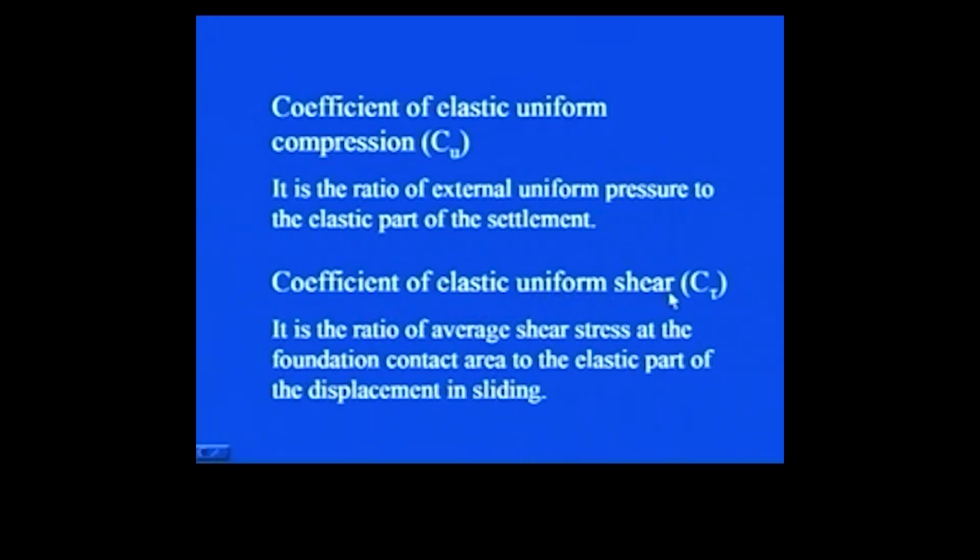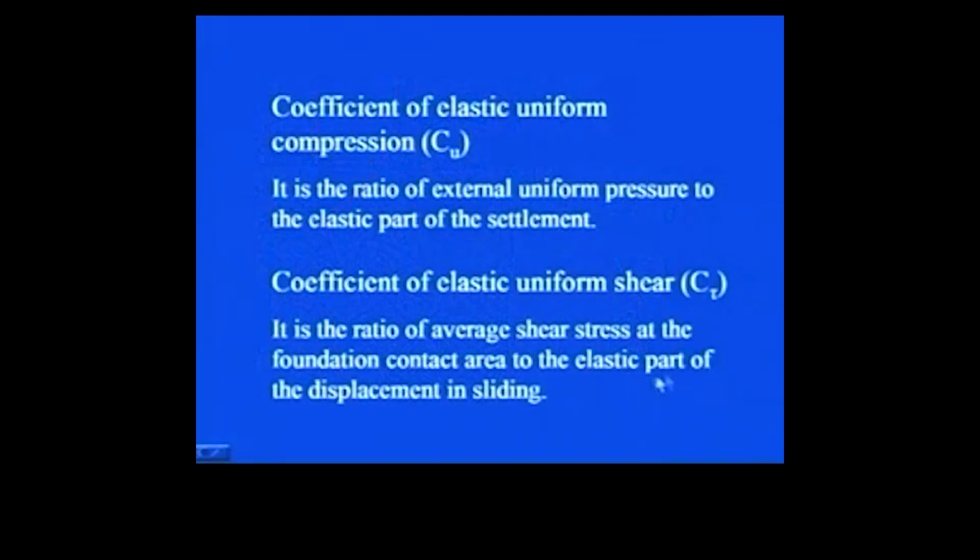We represent it as C tau, with tau in subscript, and it is defined as the ratio of average shear stress at the foundation contact area to the elastic part of displacement in sliding. See, it is not compressing right now. It is the translation taking place either in the x or y direction, or along the x or y axes. Wherever there is translation, we have seen that there will be development of shear stress at the base of the footing.